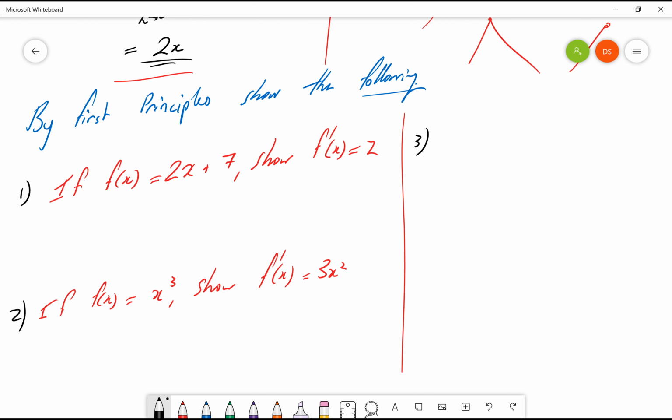The last one: if f of x equals x plus 1 squared, show f dash of x equals, I'm going to just write it underneath, guys, 2x plus 2. Okay, give that a go.